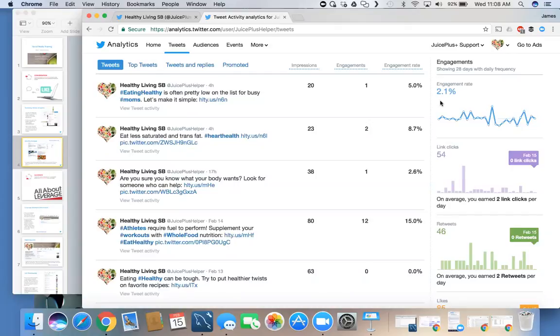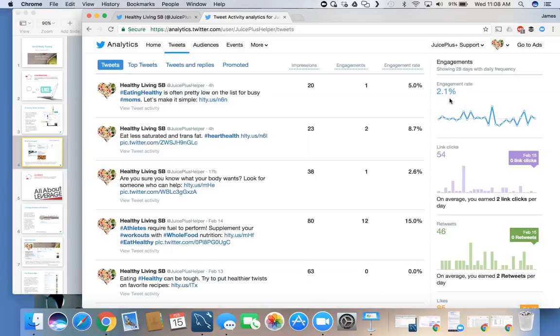People get on, they check their home feed, or they check a list, or they search for a topic, they consume, they read, they hop off. They don't follow you, they don't like your stuff, they don't retweet your stuff. And so to have an engagement rate of 2.1% is pretty strong. The highest I've ever seen is 4%, and that is for the huge brand that we run, Match.com.